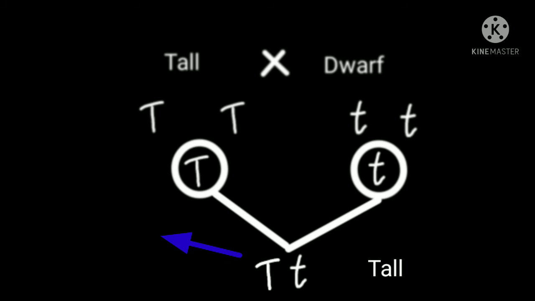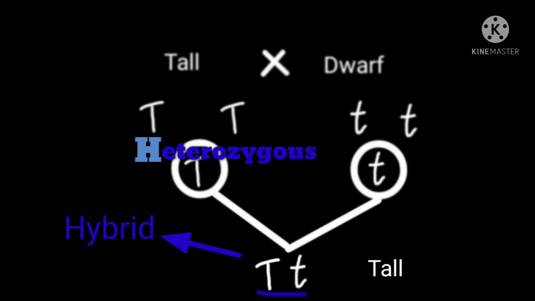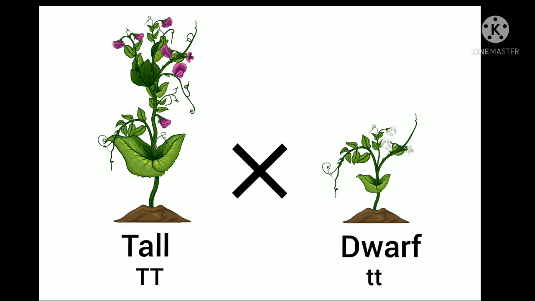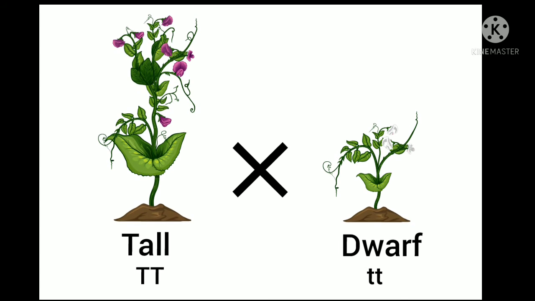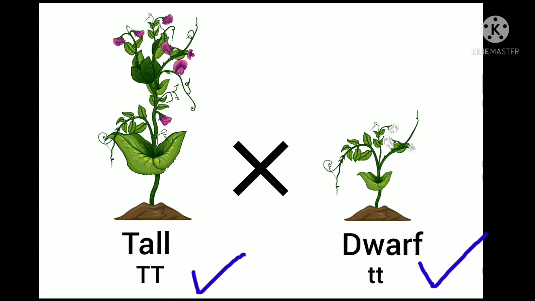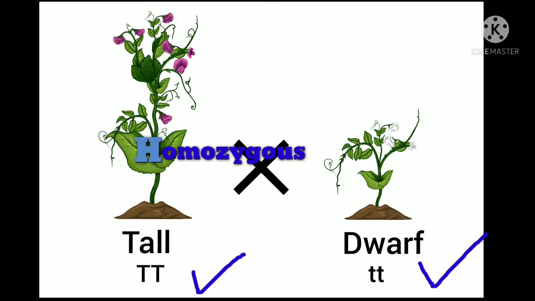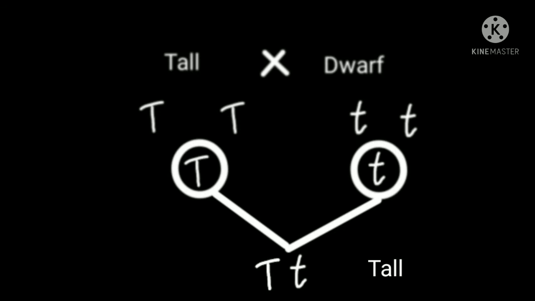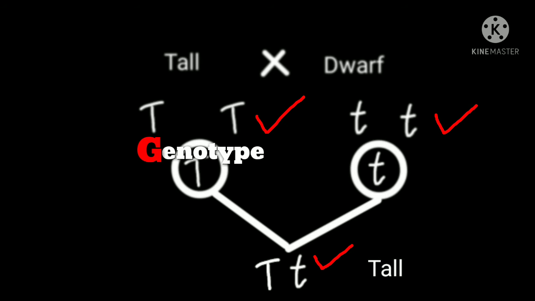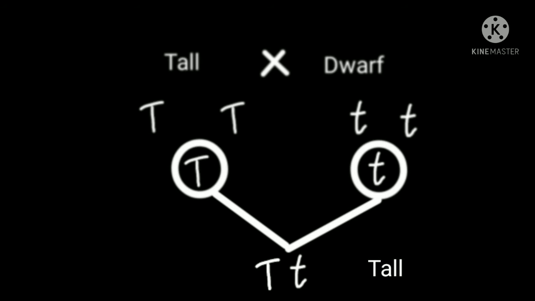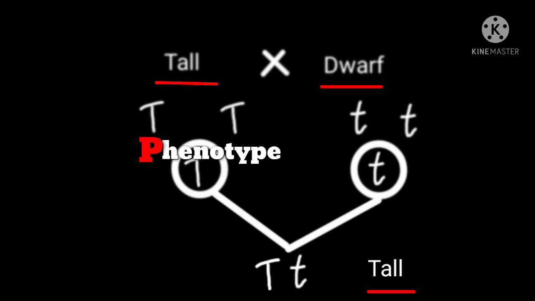Since the hybrid formed after the cross contains alleles which express contrasting characters, these plants are called heterozygous. But in parent plants, they have a pair of identical alleles, so they are both called homozygous. These allelic pairs of plants are commonly called genotype. The descriptive terms used, like tall and dwarf plants, are the phenotype of the plant.